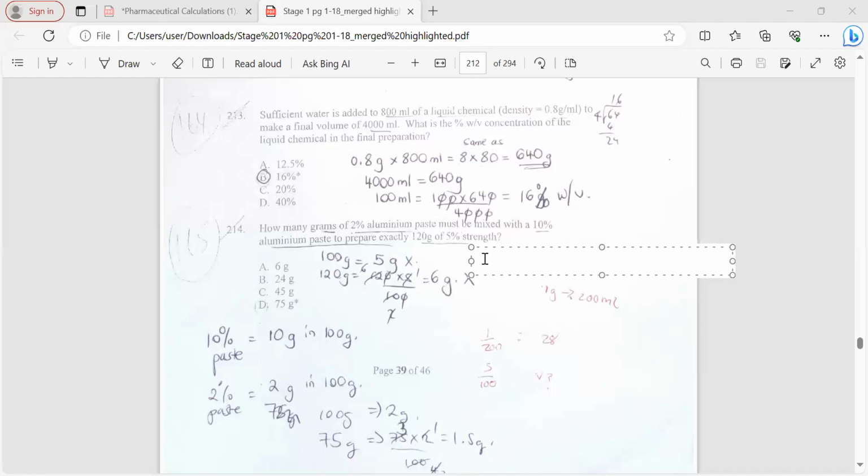Diana, let's write now. No, it got messed up. Let's try again a different way. Imagine we just write what we were saying. If we take x grams of the 2% and add y grams of the 10%, then we will have 120 grams.